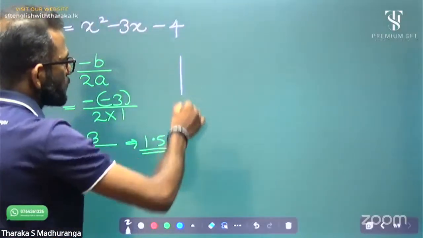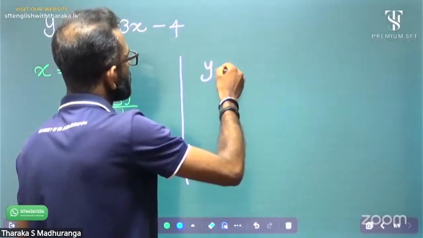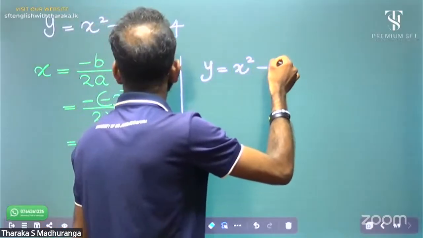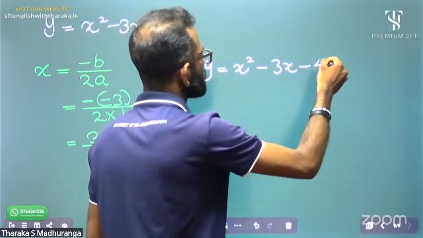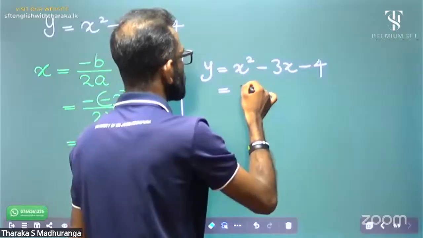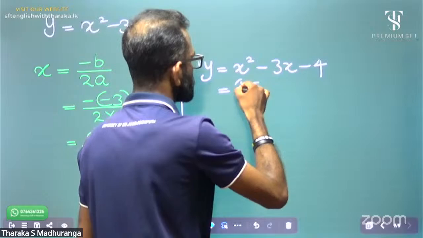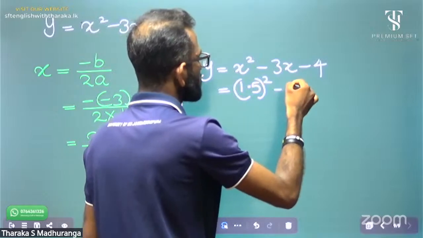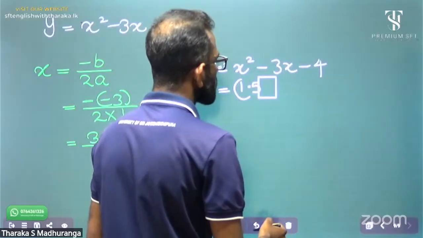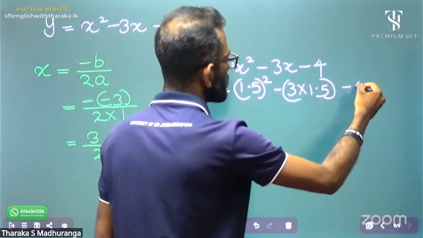Now you can substitute 1.5 into the equation. y equals x squared minus 3x minus 4. 1.5 squared minus 3 into 1.5 minus 4.